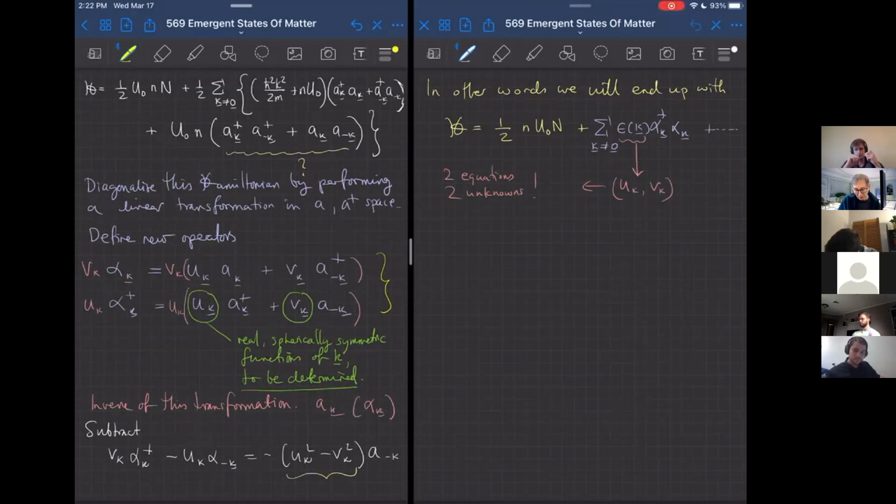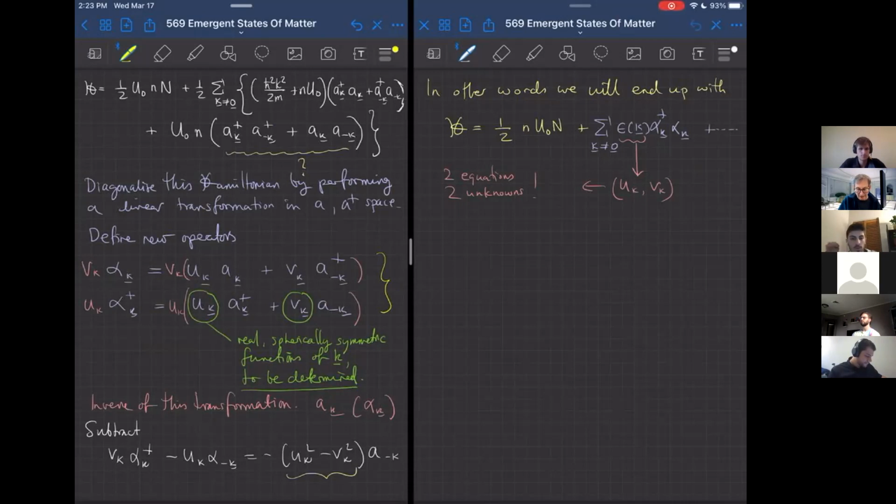So we simply wrote down this transformation. Then the first question we asked was, can I make this transformation invertible? Can it have an inverse? If I know alpha as a function of A, then I should be able to calculate A as a function of alpha. The way that I inverted it was to use a trick.